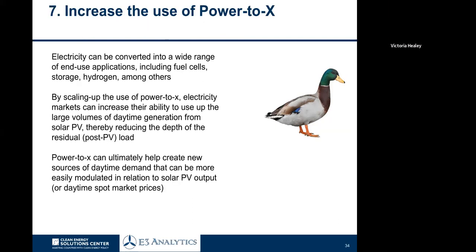A seventh is to increase the use of power to X. In other words, electricity can be converted into a wide range of end-use applications, including fuel cells, storage, hydrogen, among others.